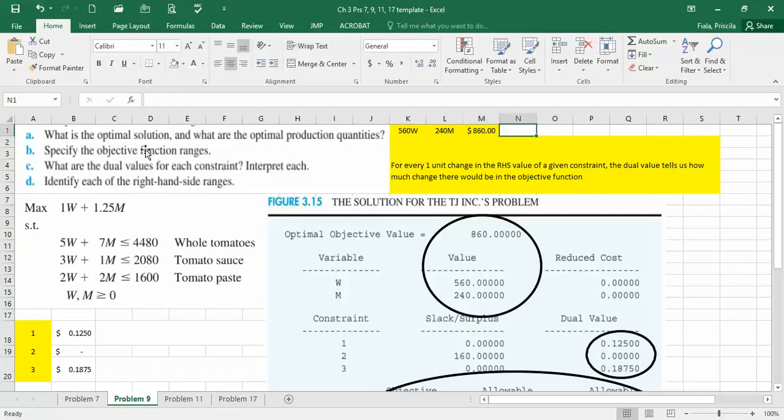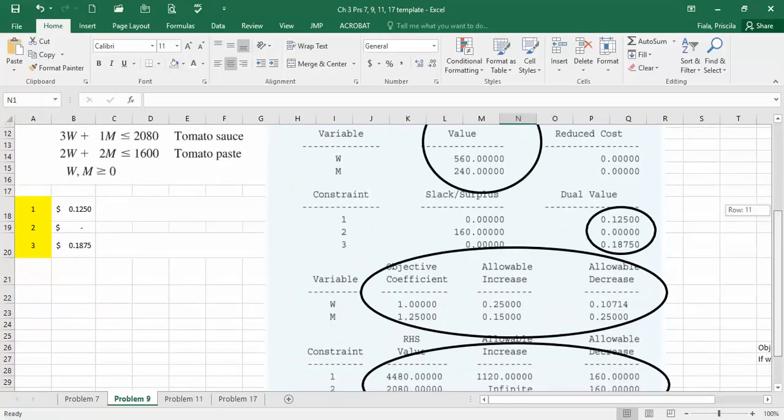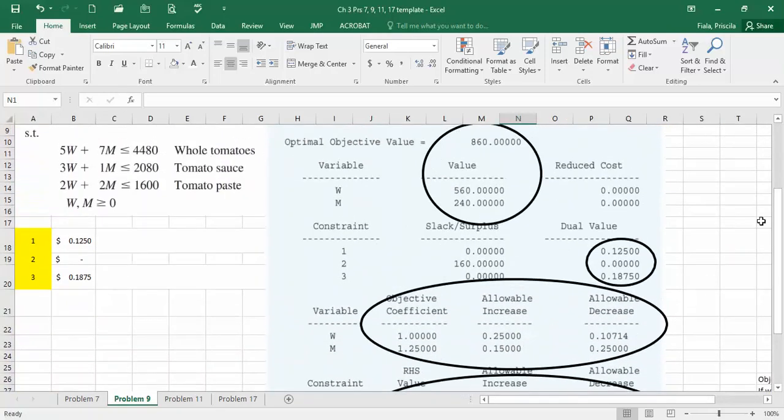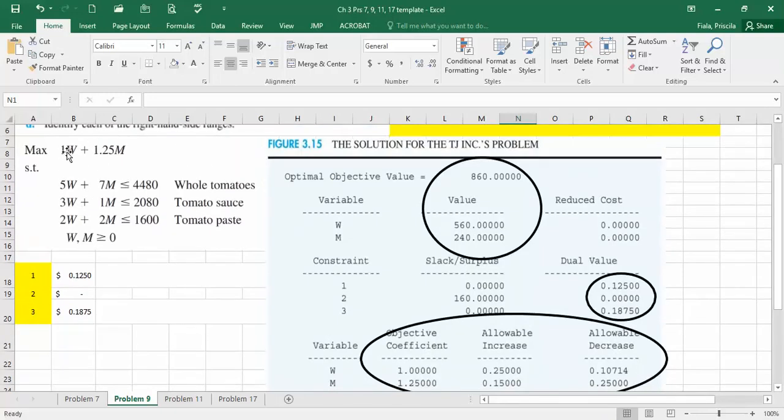Now specify the objective function range. It is specifically talking about your range, but if you notice, it is also talking about your objective function, not your constraints. Therefore, if we go down your sensitivity analysis report right here, you have a dollar for Western and $1.25 for Mexico, your objective coefficients.